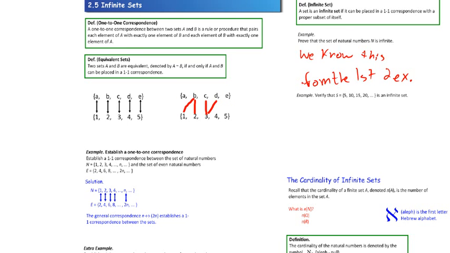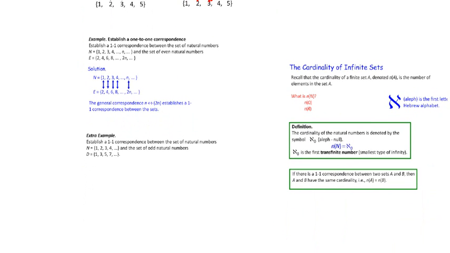So this next one says establish one-to-one correspondence, and it's our natural numbers and even natural numbers. So it's already done for us, but I'm going to walk you through it. So you just rewrite the natural numbers, and since it's just 1's the first term, 2's the second term, 3's the third term, 4's the fourth term, it's just n is the nth term because you're just repeating the numbers.